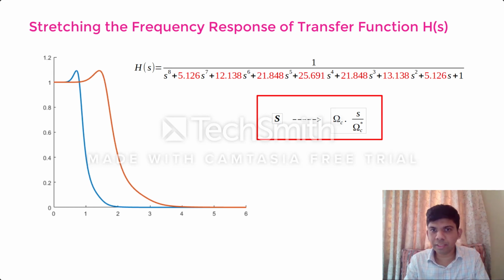So we can say that the scaling factor is nothing but omega c star, which is the cutoff frequency of the new or desired filter. So if the cutoff frequency of the new filter is 2 radian per second, then the scaling factor and omega c star are both 2.